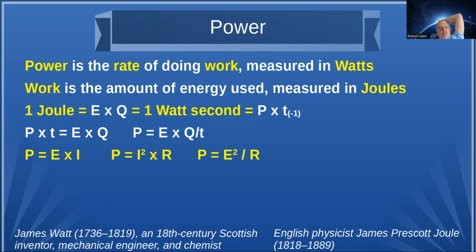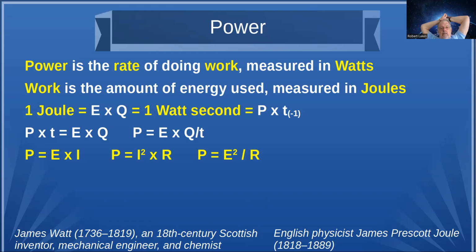I was trying to show you how you derive it there. The bottom line is that power is equal to the voltage times the current, or the force times the amount of current flow, or coulombs per second.